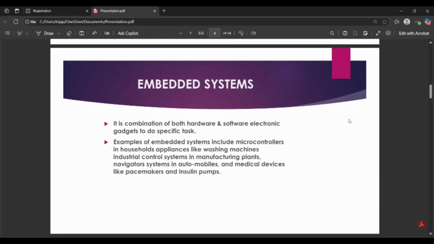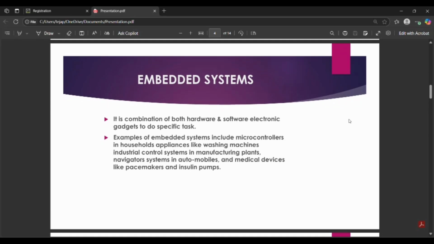The next slide is the introduction to embedded systems. An embedded system is a combination of both hardware and software electronic gadgets to do a specific task. For example, embedded systems include microcontrollers in household appliances, like a washing machine, which is an embedded system and which we have built in this project.